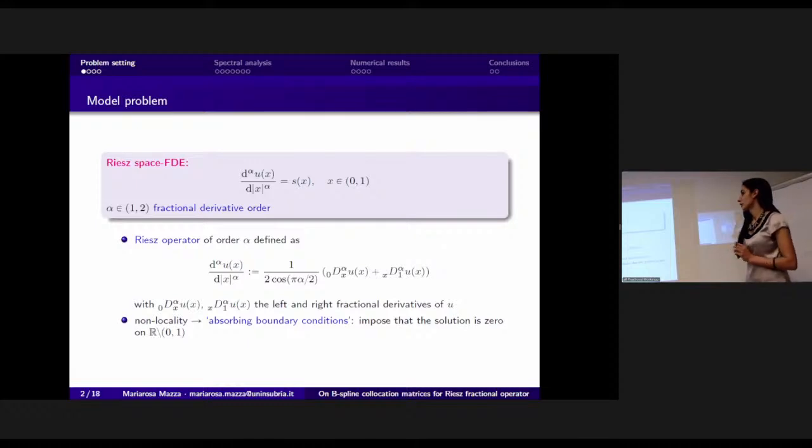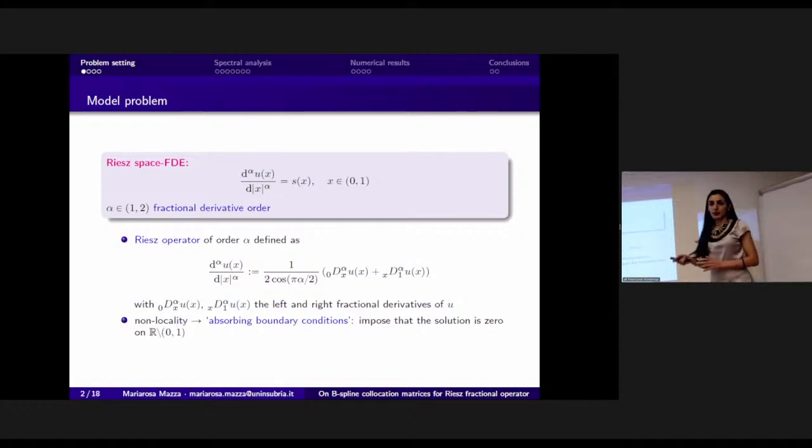Of course, I don't need to introduce the fractional diffusion equations to this audience. What I wanted to do with this slide was just to put on the table the model problem we started from, which is this space FDE, where the differential operator is the Riesz operator of order alpha that ranges from 1 to 2, which is defined as the sum of the left-handed and right-handed fractional derivatives.